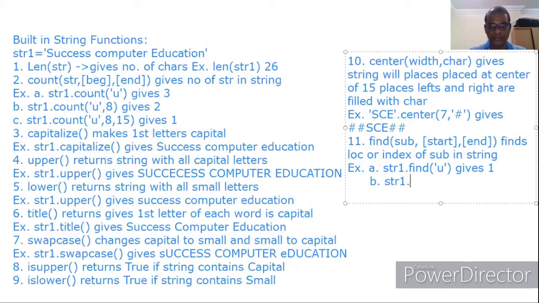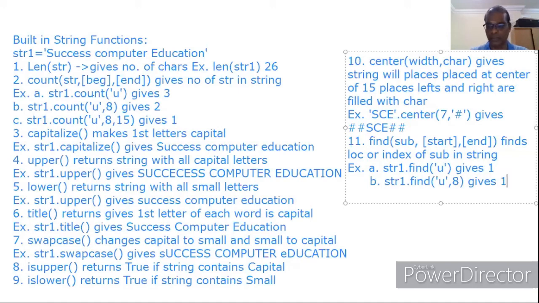Just here str1.find('u', 8). It gives. So this is begin. That means 0, 1, 2, 3, 4, 5, 6, 7, 8. After 7th character, we have to find in which place u is available. 8, 9, 10, 11, 12.